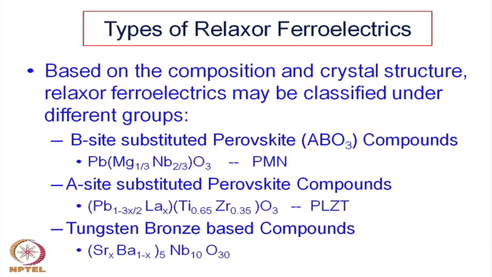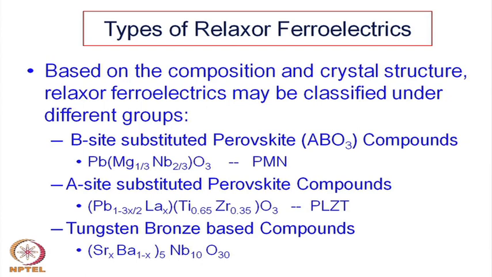One is called the B-site substituted perovskites. As you remember, perovskites have the general formula ABO3. So, this is what we call B-site substitution, that means the B atom can be substituted by other ions.